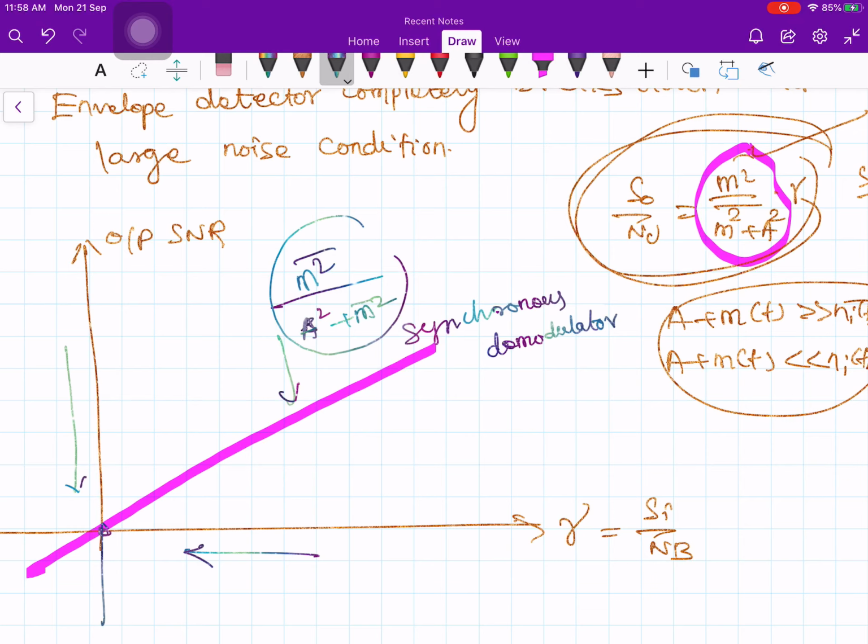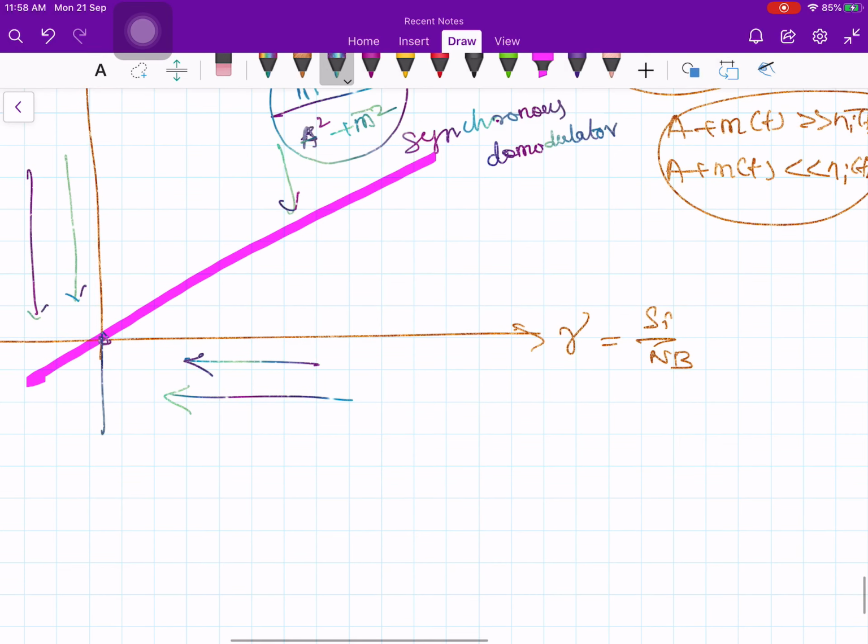So nothing we can do about that. Now this is for my synchronous demodulator. So the reduction is graceful reduction. When the input SNR is coming down, the output SNR is also coming down, but in the manner of graceful reduction.